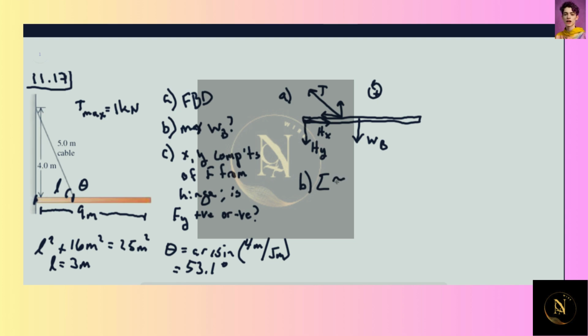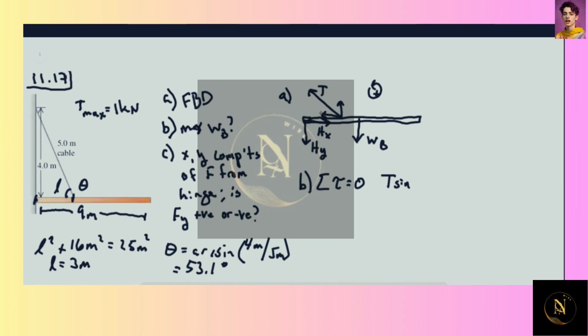The sum of the torques gives us that the magnitude of the tension, which we'll set equal to the maximum 1 kilonewton, because we want to know the maximum weight, times the sine of the angle, because only the vertical component of the tension exerts a torque, because it's a cross product.